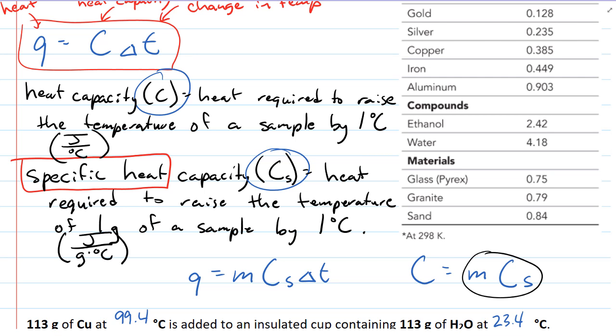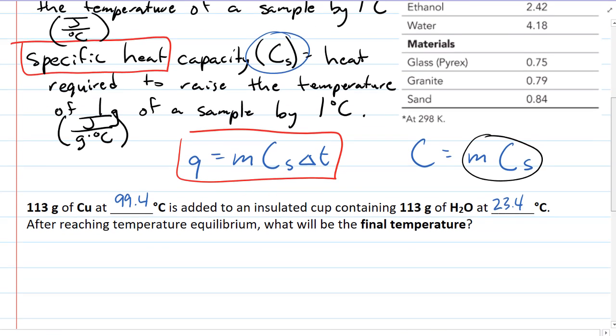One of these two equations that I've boxed here in red is one of the types of equations that we will wind up using in our study of calorimetry. So if we were to look at an example, let's look at the one that we did here in class the other day.